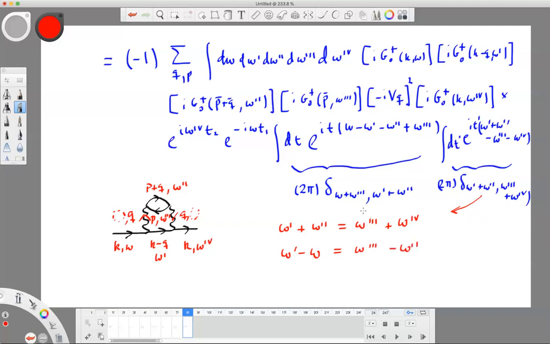So you see from this condition here, you get this.